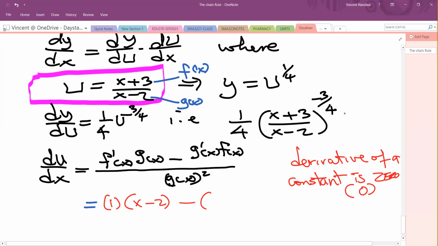Minus 1 imetoka kwa minus 2 aje? Okay, x inatupatia. Sasa let's go term by term. X inakupatia ngapi? 1. Minus 2 inakupatia ngapi? 0.